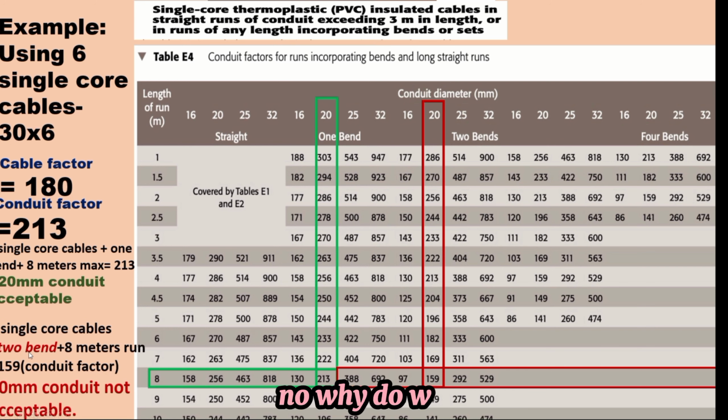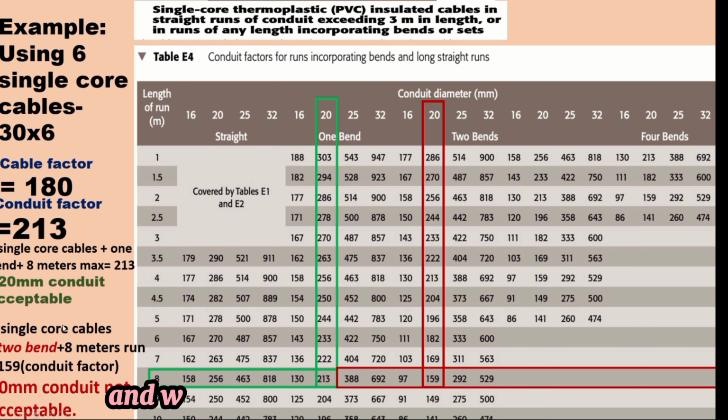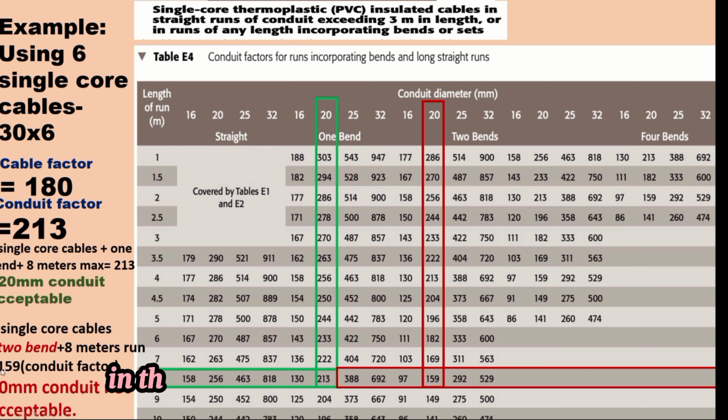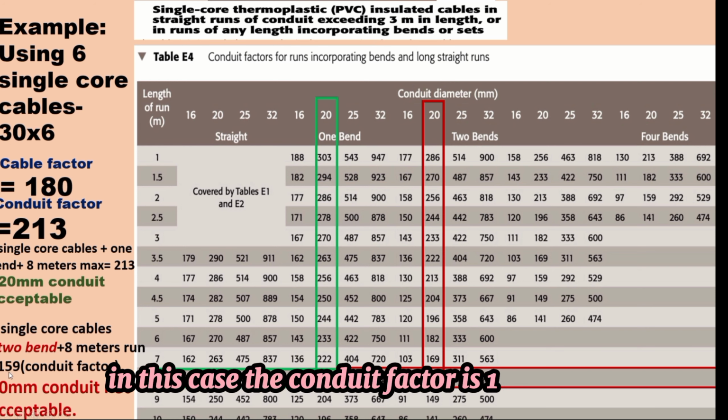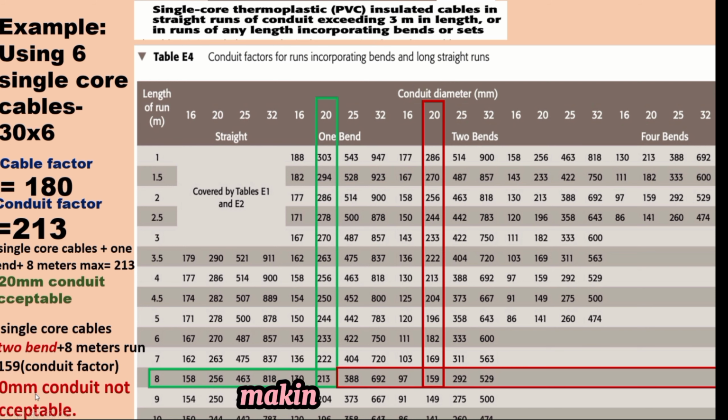No. Why do you say so? Don't forget the cable factor is 180, and we said earlier that whatever you want to do, the conduit factor must be greater than the cable factor. In this case, the conduit factor is 159 and the cable factor is 180, making 20 millimeter conduit non-acceptable for this kind of installation.